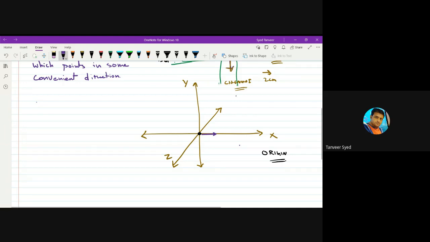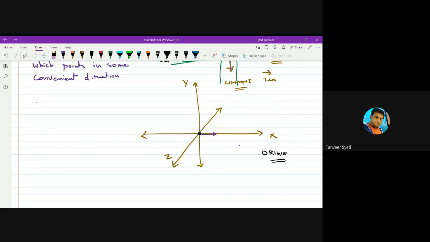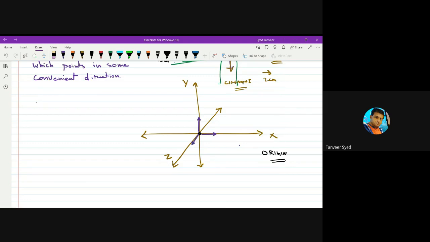And take another unit vector which is pointing along y direction. And take another vector which is pointing along z direction. Like this. These are the three unit vectors along x, y, and z directions.